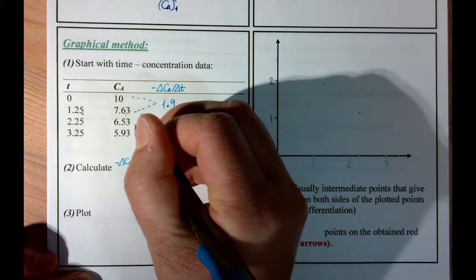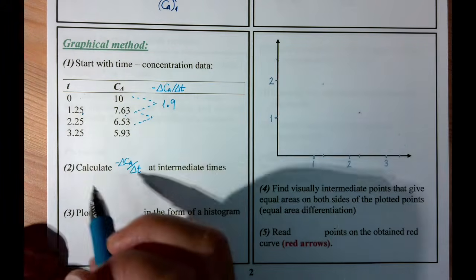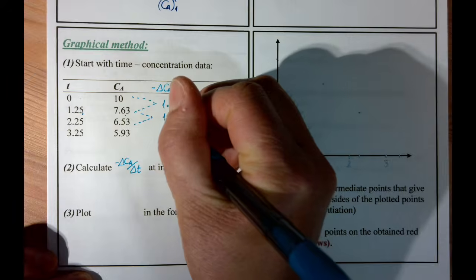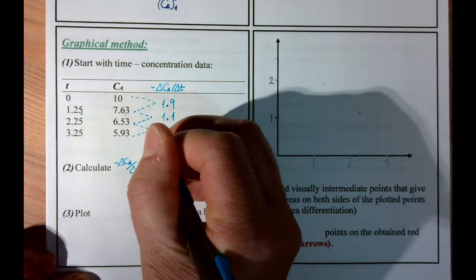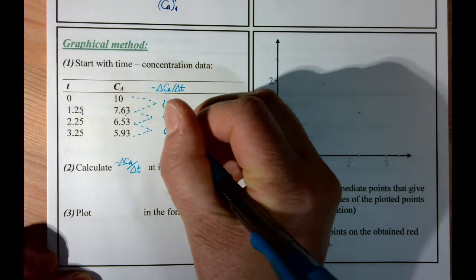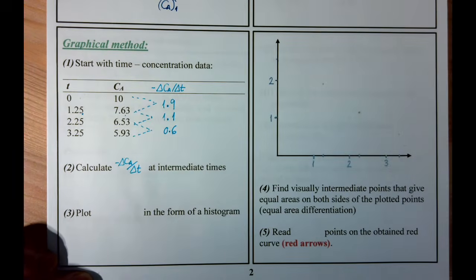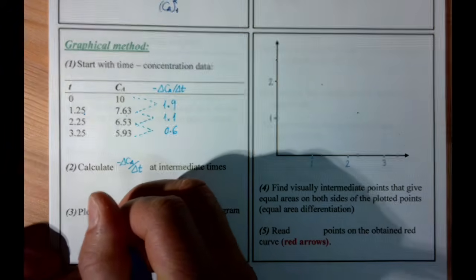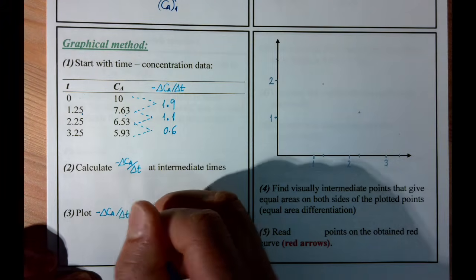For the next interval of time, the value would be 1.1, and for this next one, the value would be 0.6. Next, you want to plot these negative delta Ca delta T points.